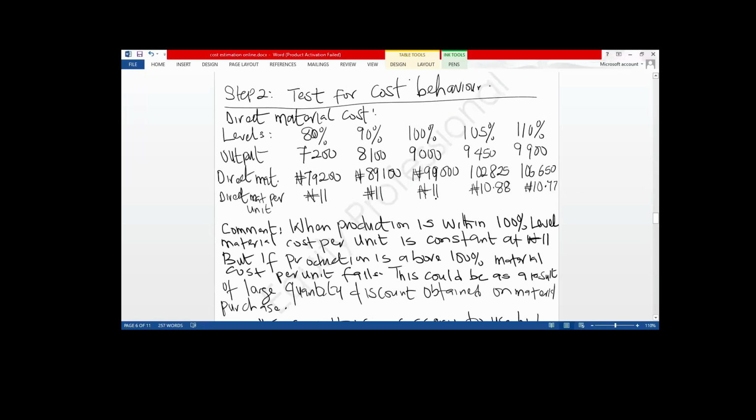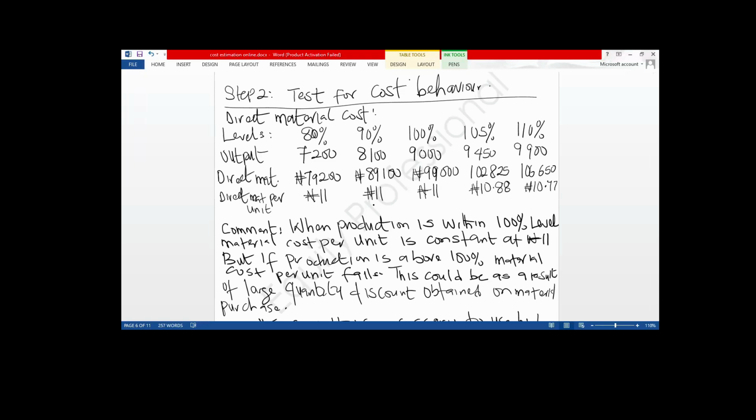Look at it, please. If production is 80%, material cost per unit is 11 naira. If production is 90%, material cost per unit is 11 naira. Production at 100%, material cost per unit is 11 naira. This is constant.